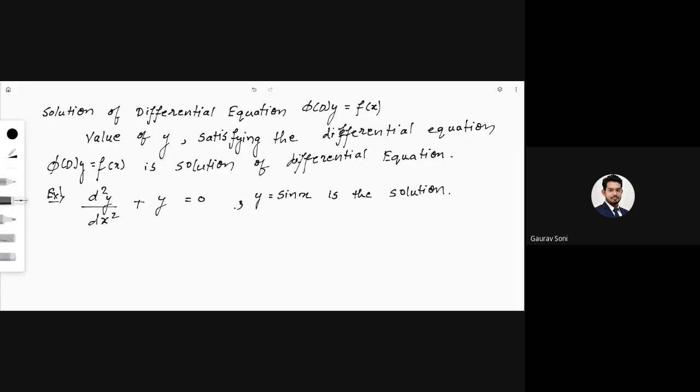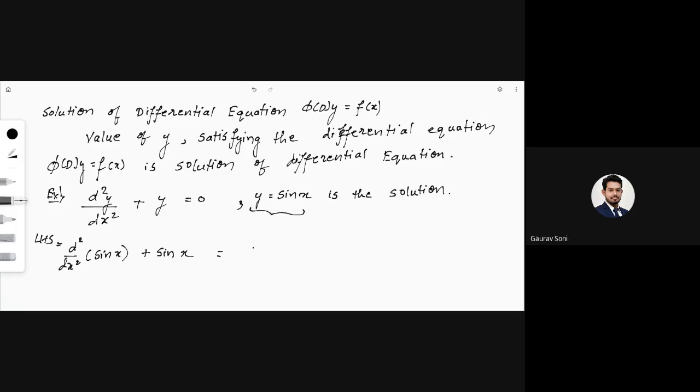You need to check it. So what I need to do is put this y is equal to sin x on the left hand side, and I will see whether I get the right hand side or not. So d2 by dx square in bracket sin x plus sin x. This is my LHS.